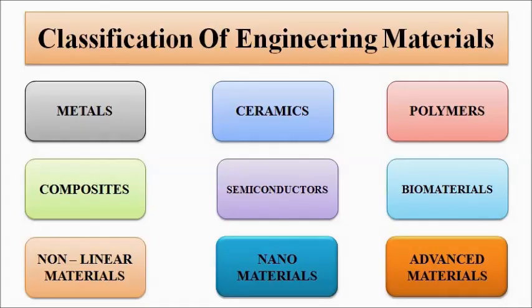Okay, so the various ways in which we can classify them. So first is metals, then ceramics, polymers, composites, semiconductors, biomaterials, non-linear materials, nanomaterials, and advanced materials. So we will discuss them in short.